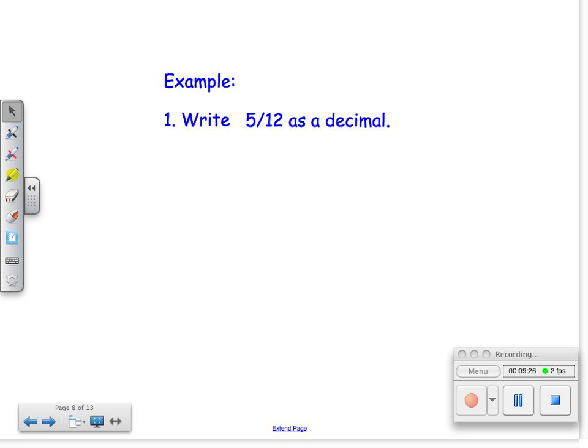Okay, here's an example. We have the number 5/12, and we want to write that as a decimal. We could do a couple of approaches. We could get out our calculators and say 5 divided by the denominator 12. You could do it longhand if you want, or you can get out your handy dandy calculator and say 5 divided by 12.